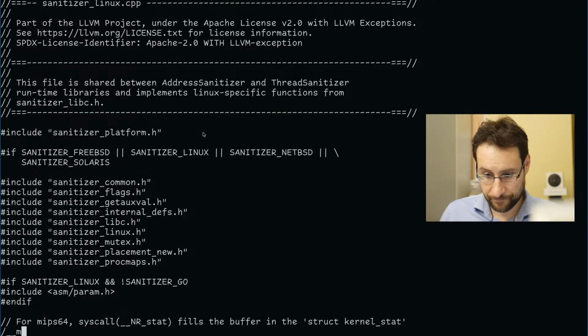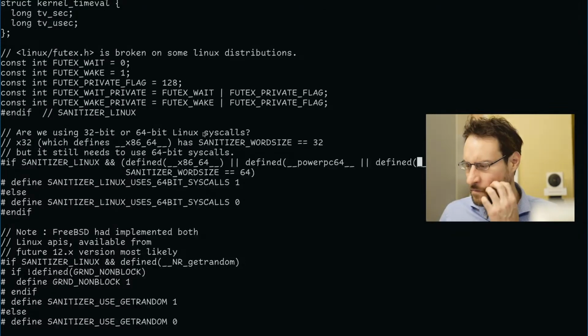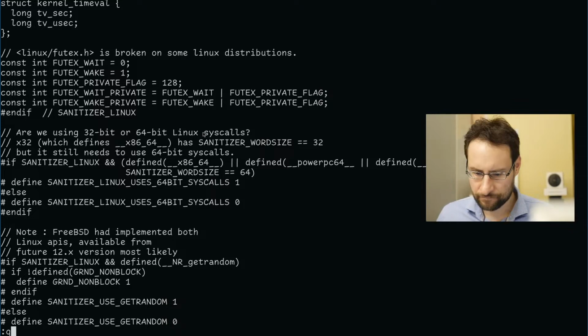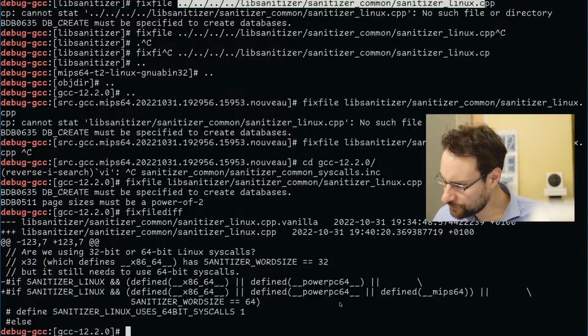MIPS. Define MIPS 64 defined. Or did I add an extra one defined? There was one.